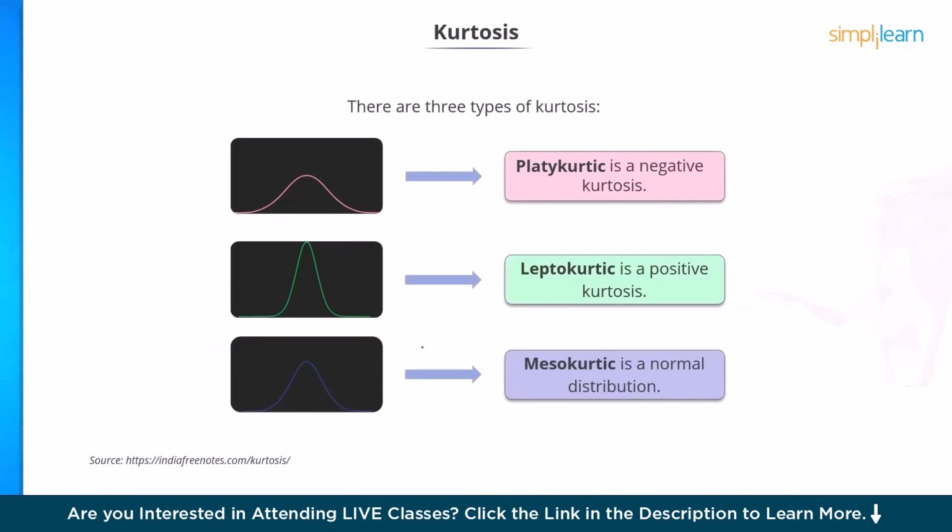So there are three types of kurtosis. We have platykurtic, which is negative, leptokurtic, which is positive towards the upper end, and then we have mesokurtic, which is a normal distribution. So mesokurtic is the medium tail. Normal distributions have a kurtosis of 3.